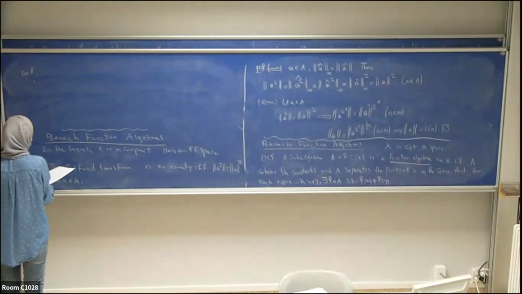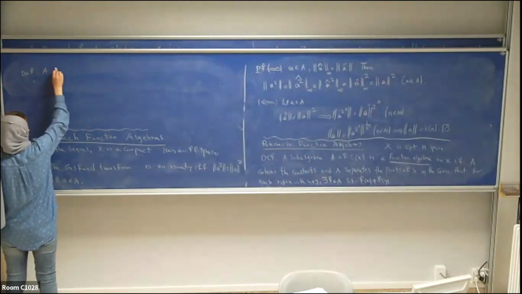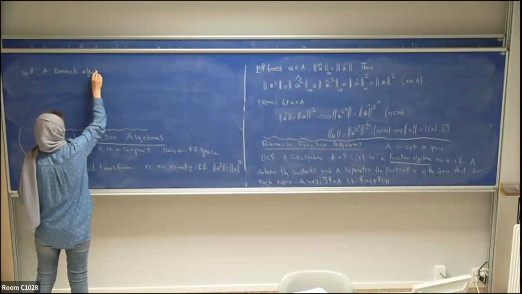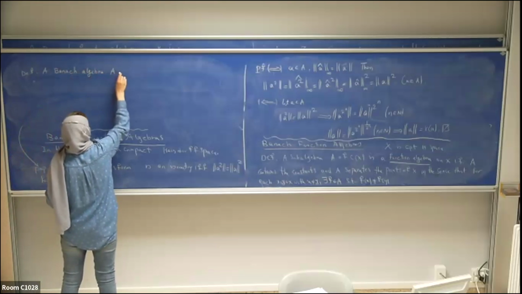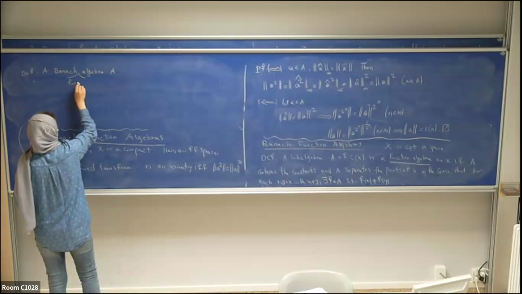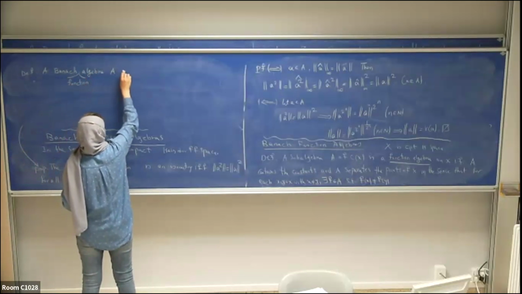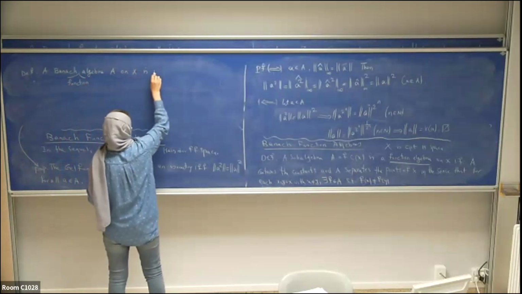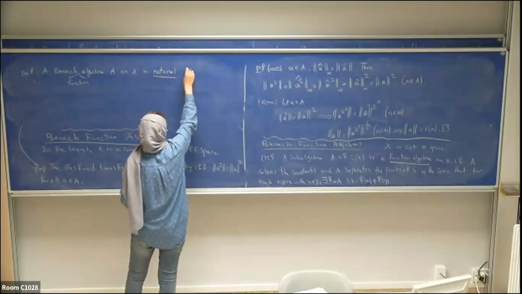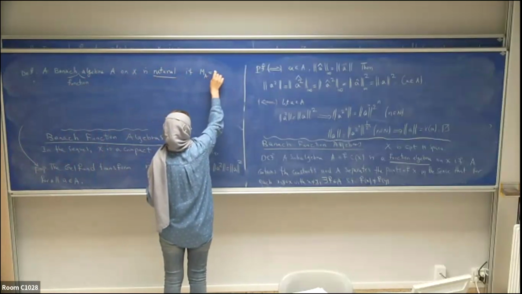A Banach function algebra A on X is called natural if M(A) is X.